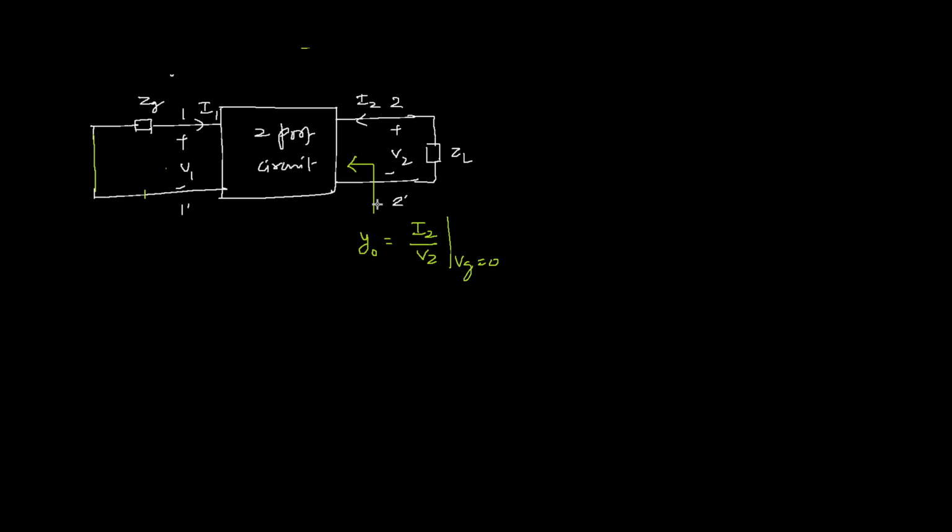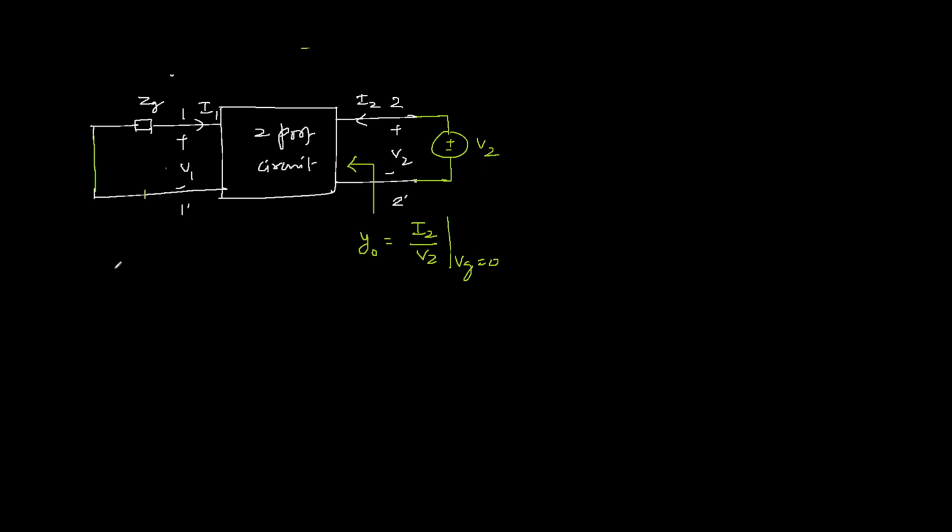Because output admittance is looking from port 2, there is no need for the load impedance. And since the two-port network has some dependent source, to find the admittance we need an external source, which has voltage V2 with current I2. So output admittance is basically the ratio of I2 to V2.